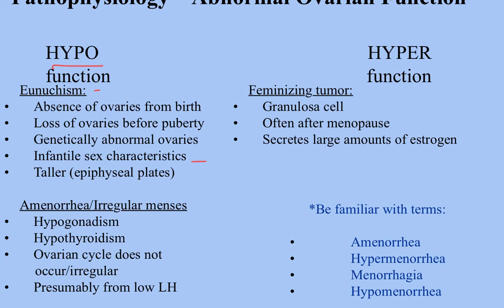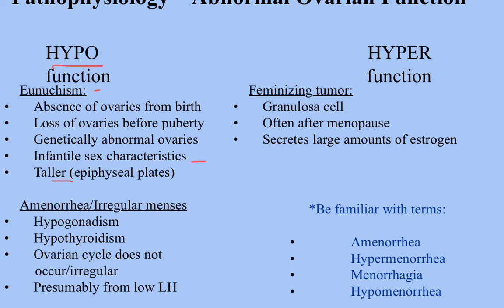You have the appearance more of a child than you do of an adult woman. And you tend to be taller as well because estrogen has a pronounced effect on the closure of the epiphyseal plate. So if you don't have that estrogen, the epiphyseal plates don't close as quickly. Therefore, women with hypo-ovarian function tend to be a little bit taller.